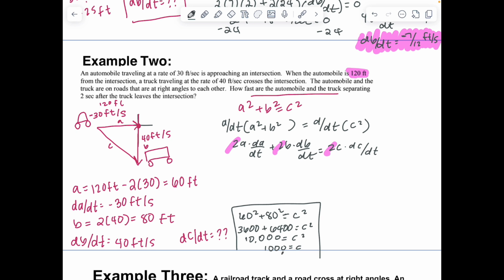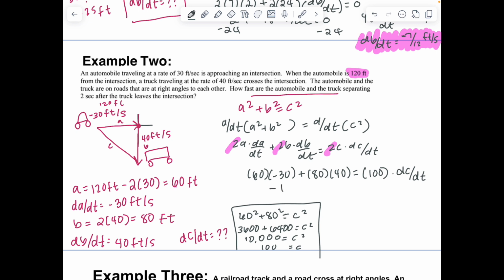Okay. So c equals 100. So now I can go ahead and plug everything in. So a is 60. dA/dt is negative 30. B is 80, dB/dt is 40, C is 100, and then we're solving for dC/dt.